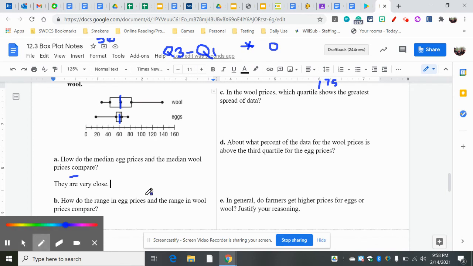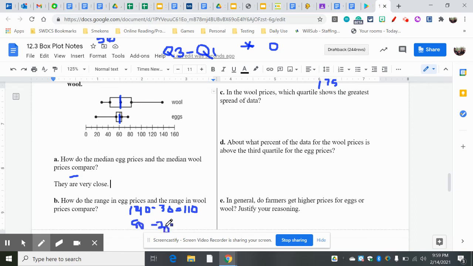If I have 140 minus 30, that's going to give me a range of 110 for my wool. If I look at my range for eggs, I have, let's say, about 80 and about 20. 80 minus 20 is only going to be a range of about 60. So how do these ranges compare?